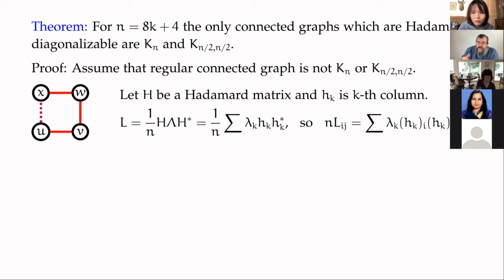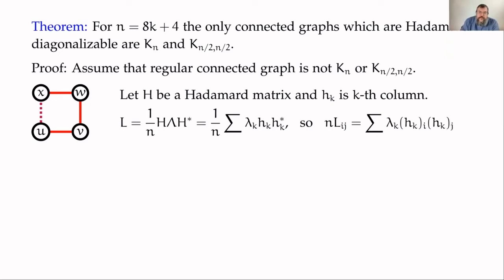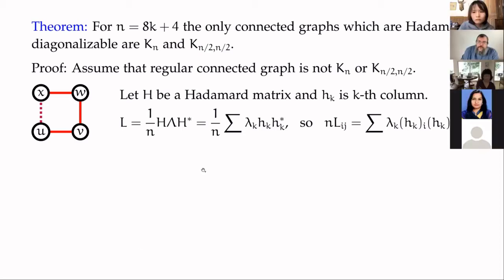And because it's Hadamard diagonalizable, that says that our Laplacian matrix looks like 1 over n times the Hadamard matrix times the eigenvalues times the transpose of the Hadamard matrix. And if you work it out, that's 1 over n times the sum of the eigenvalues lambda_k times H_k H_k star. So essentially, we're just doing a projection matrix.